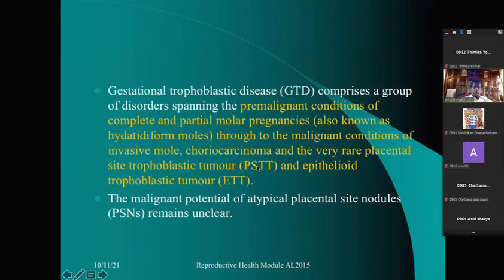Every time it's of paternal origin. Now, when you say gestational trophoblastic disease, it's a group of disorders that ranges from a very benign condition to an extreme malignant condition, which even metastasizes. Okay. So the whole group of these disorders, starting from a benign set going up to a malignant set, is called gestational trophoblastic disease. Okay.